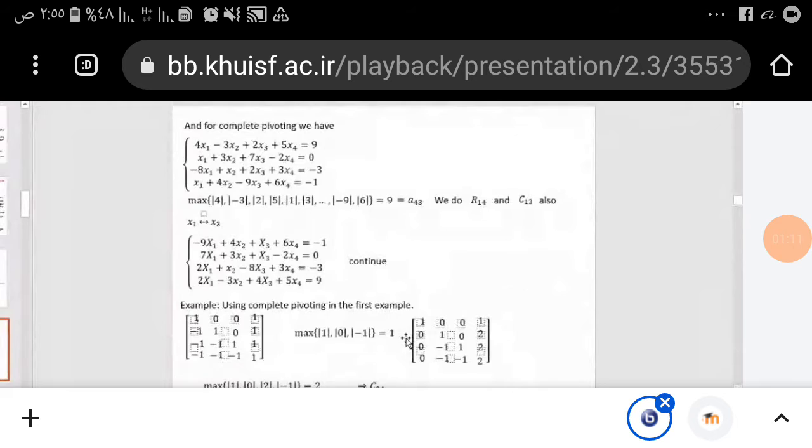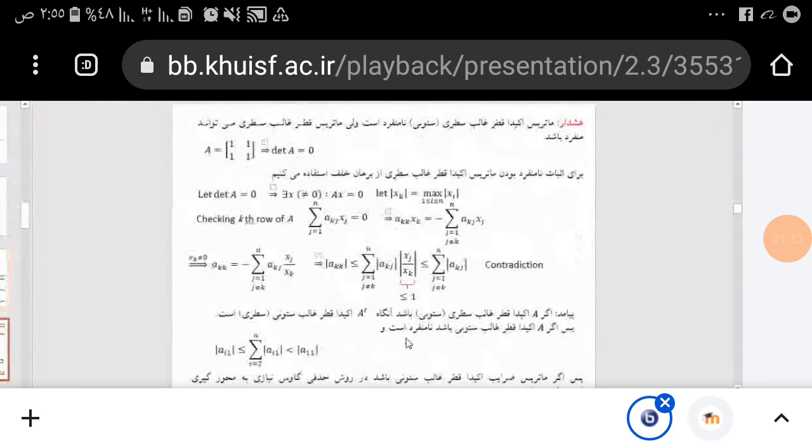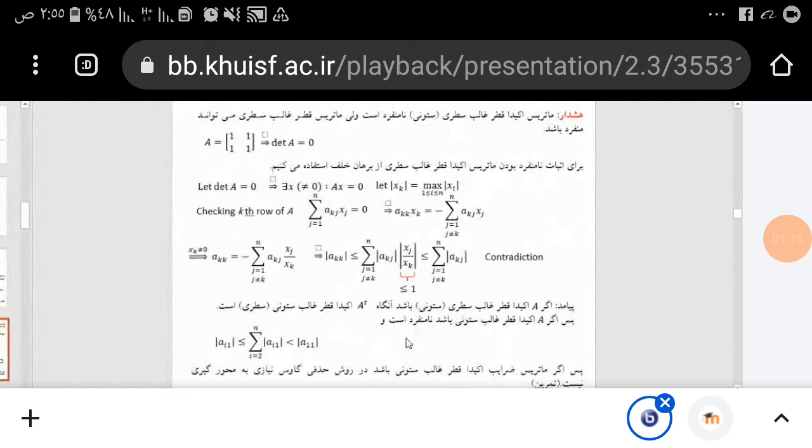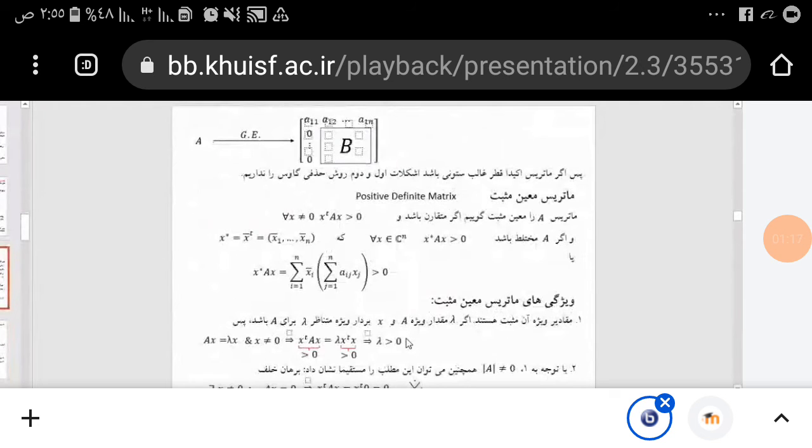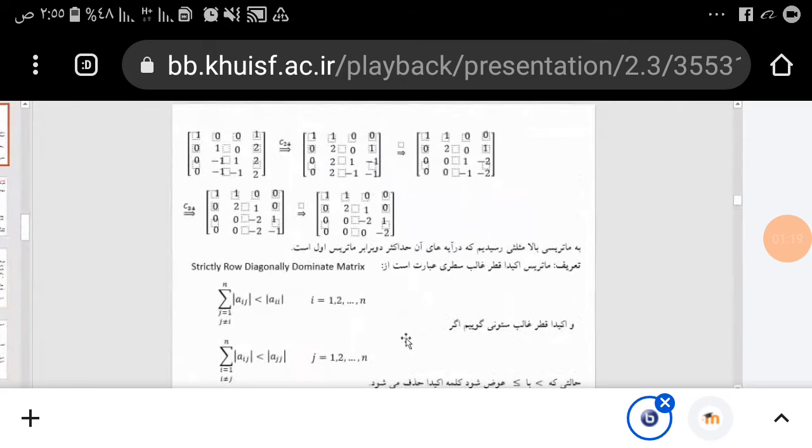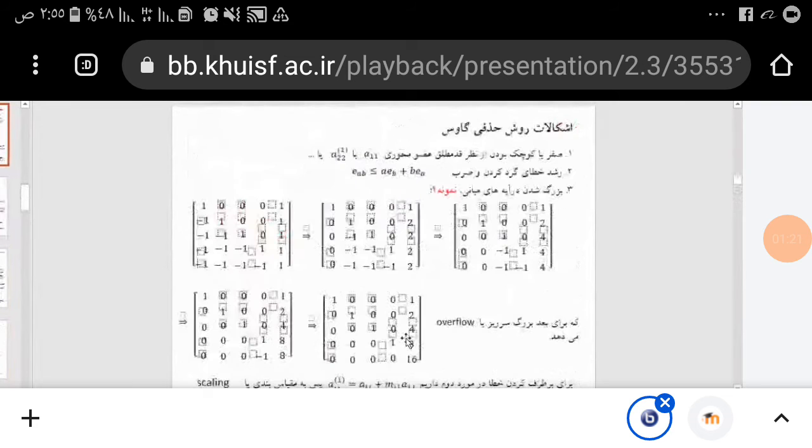Now we are going to some problems. Yes, we have some problems in Gauss elimination.